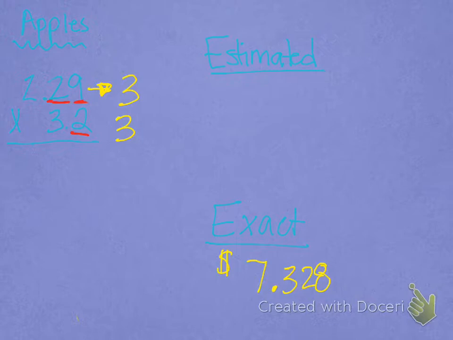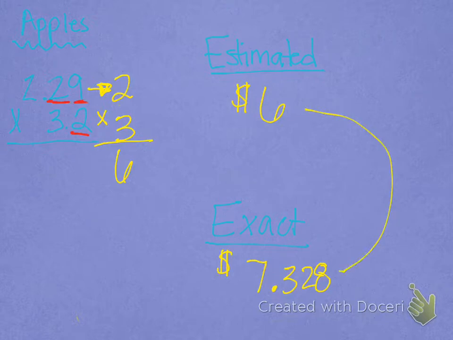Excuse me, I made a mistake up here. 2.29 is closer to $2. So then I would just do 2 times 3. 2 times 3 is 6. Our estimated answer would be $6. Is $6 and $7 with some change pretty close? Yes, it is. So that's how we know we're correct.